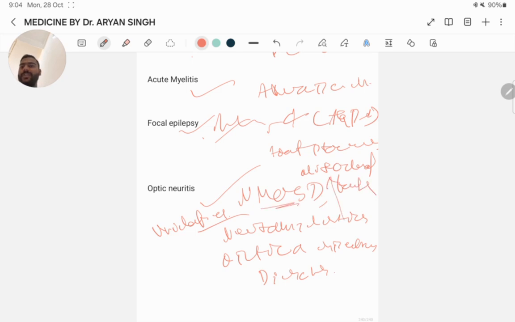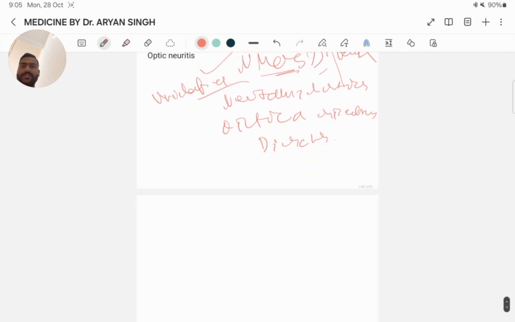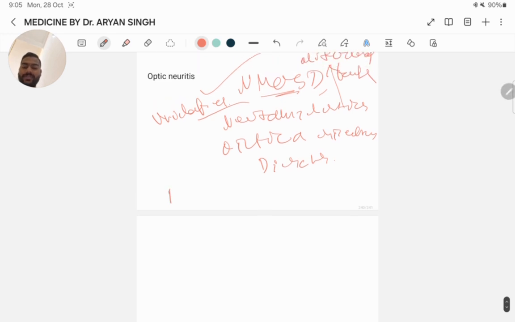Drugs used for prophylaxis against relapse include rituximab, mycophenolate mofetil, glucocorticoids, and azathioprine.